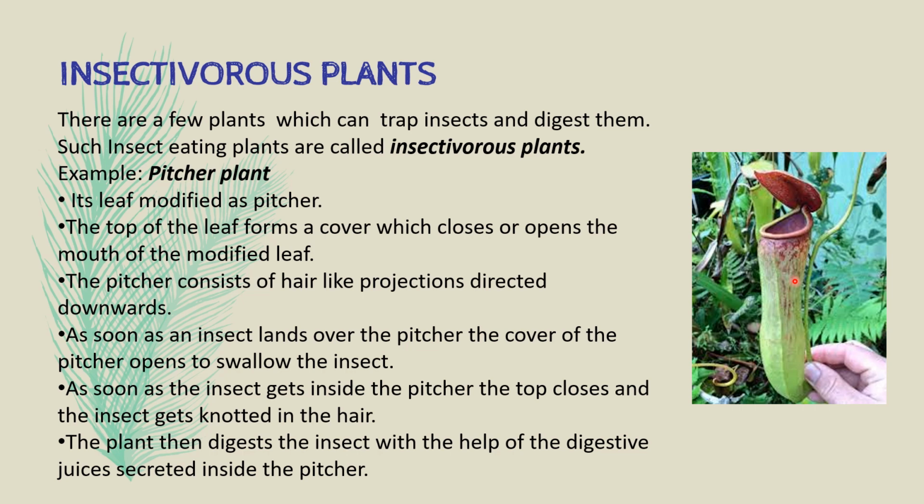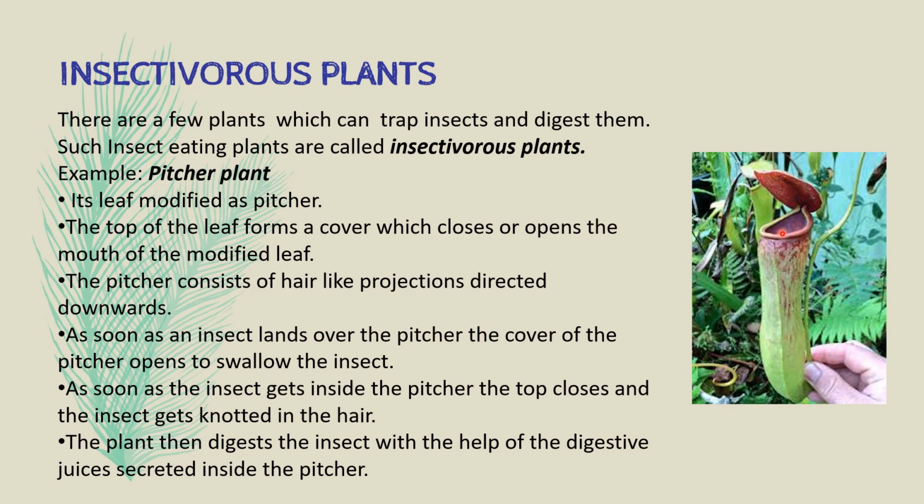Now we will look at the details of this pitcher plant. This part, or this pitcher, is coming from the leaf of that plant. That leaf is modified as a pitcher, and the top of the leaf forms a cover. You can see that cover here, which closes or opens the mouth of the modified leaf.